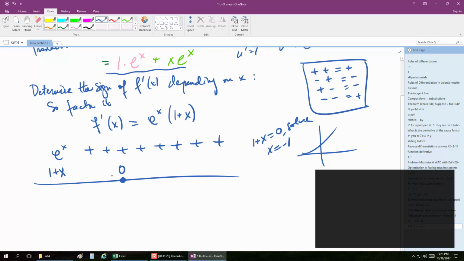Then think about this function, 1 plus x: it will be negative to the left and positive to the right. That's all there is. So for the derivative, we go in vertically in this fashion, determining the signs, and they will be minus, minus, 0, and then pluses.